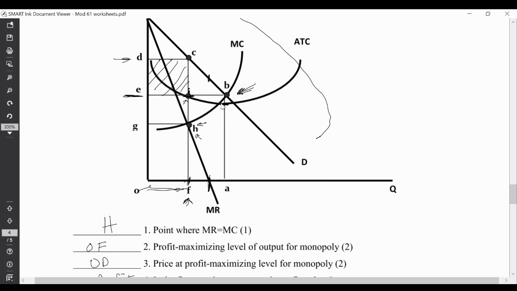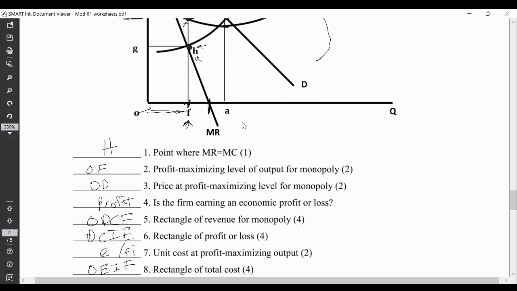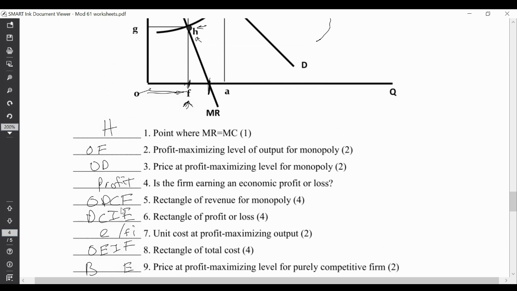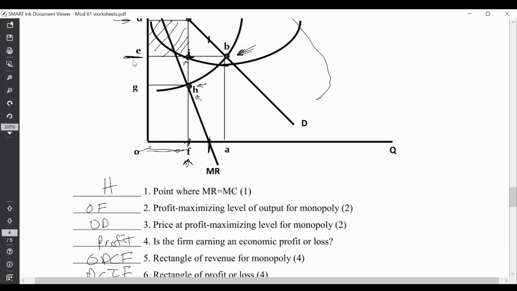So they would be at point B, which would be at the price level of E, right? Because E is the price level. Yeah, E is at the price level of B.